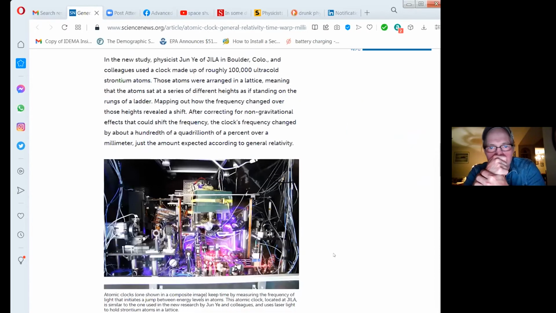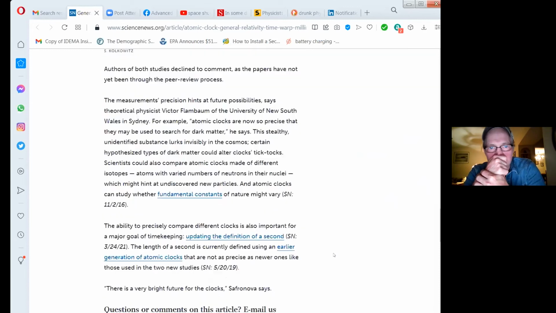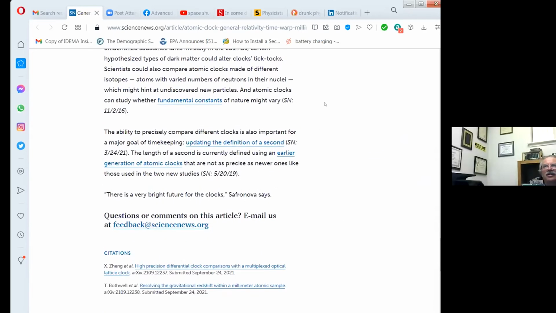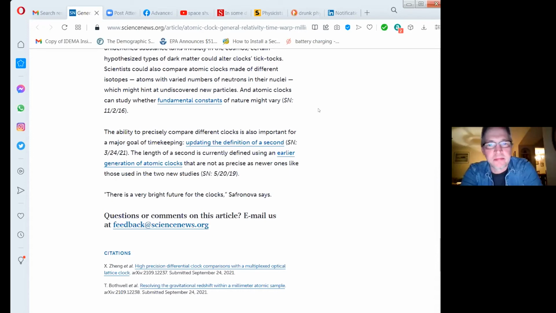I just wanted to share that because time is tied to mass. Somehow it's tied to gravity. So it affects the mass and it affects the time. Basically, space-time is expanded at the surface of the Earth compared to a higher distance above it.